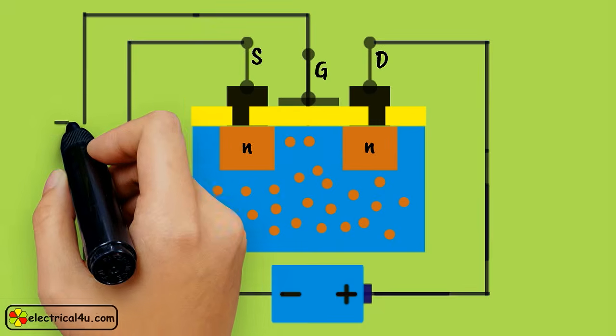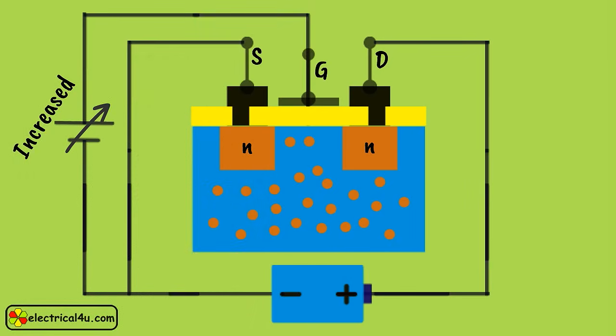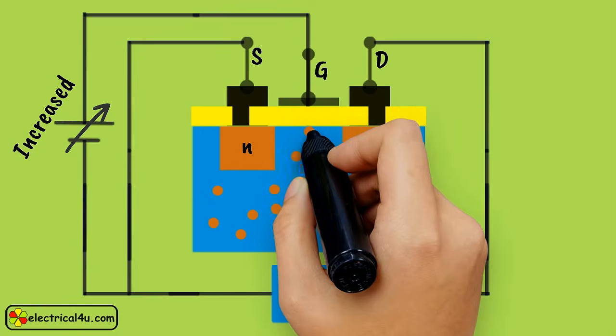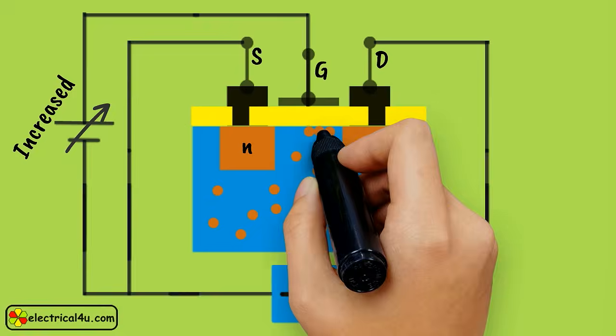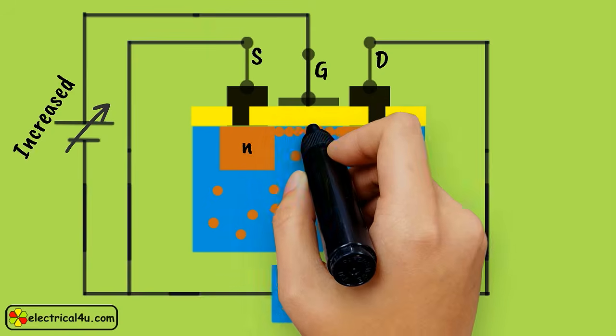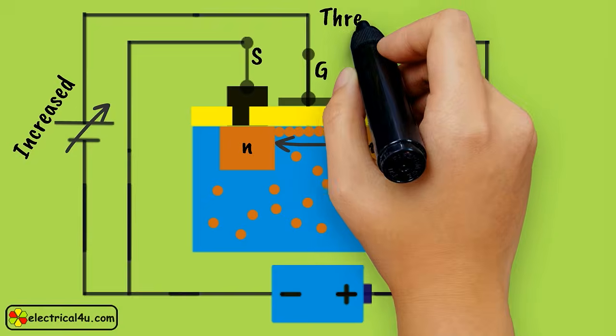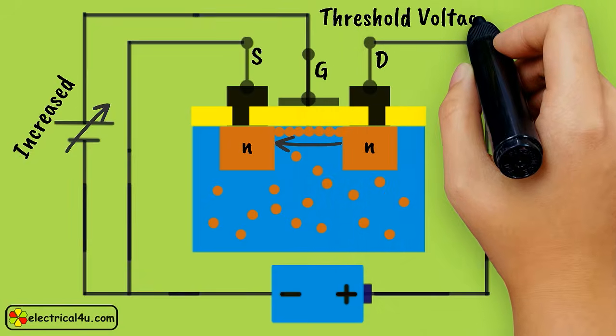But if the gate voltage is gradually increased while keeping a fixed drain to source voltage, after a certain minimum applied gate voltage, drain to source current will start flowing. And this voltage is called threshold voltage.